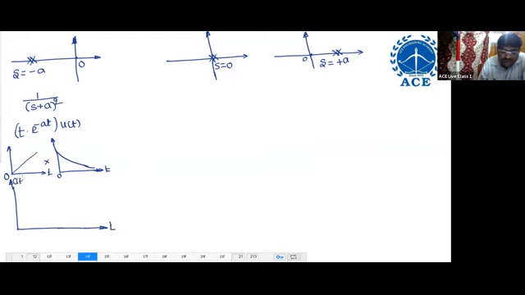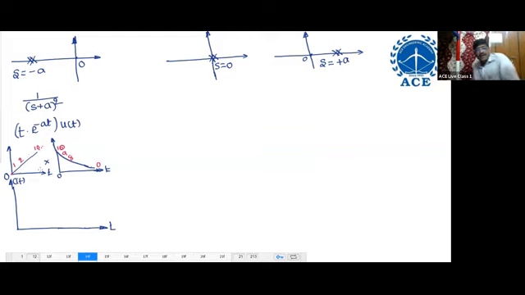For understanding, I'll take t as 0, 1, 2, and so on up to 10, and the exponential as 10, 9, 8, down to 0.